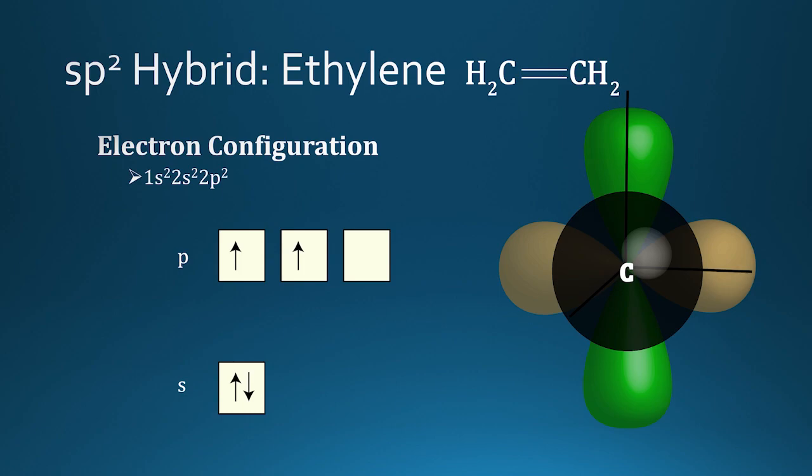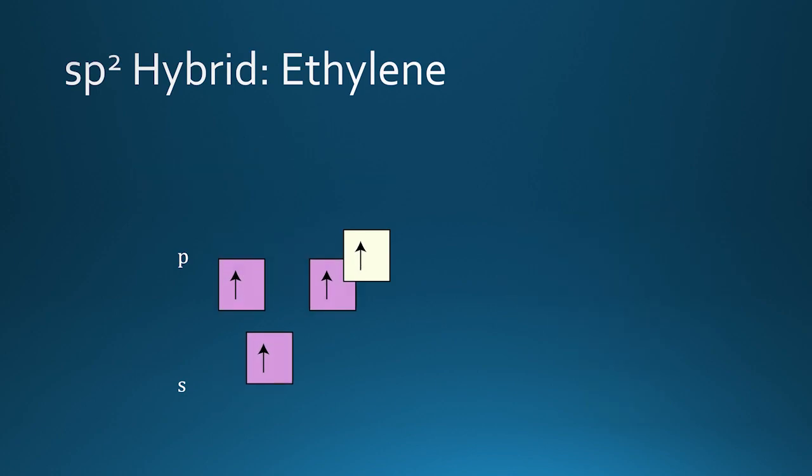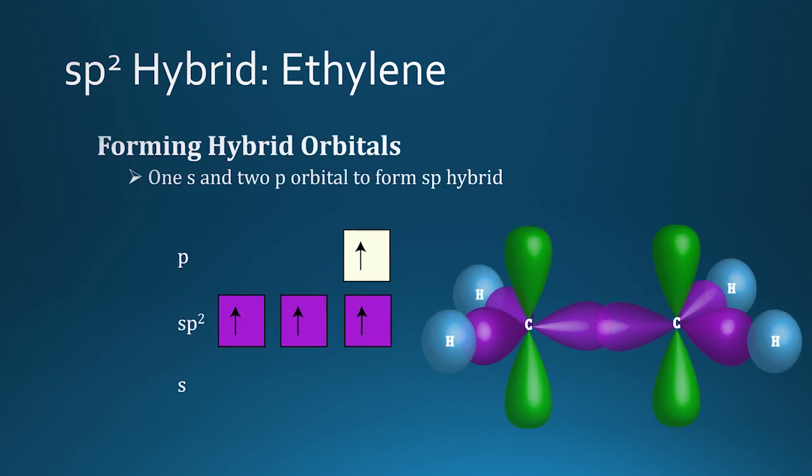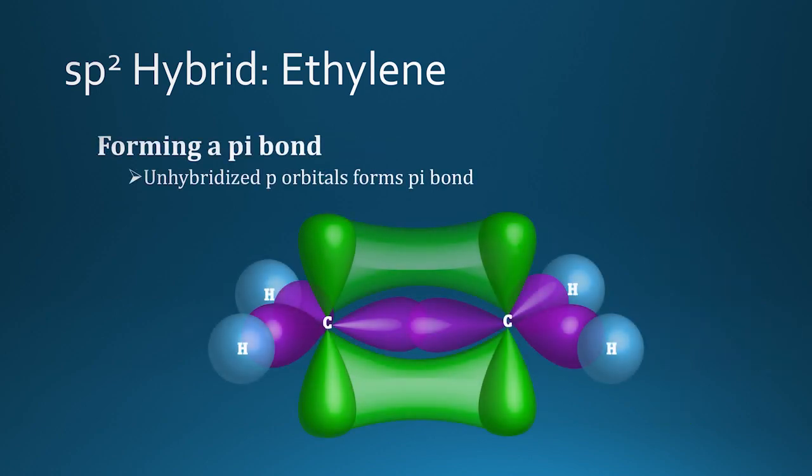Similar to boron hydride, one electron from 2s2 is moved to the empty p orbital. One 2s orbital and two 2p orbitals are used to make 3 hybrid orbitals while leaving one of the p orbitals unhybridized. 3 sp2 hybrid orbitals of carbon will form 3 sigma bonds with another carbon and 2 hydrogens. The unused 2p orbitals that remain unhybridized form a pi bond.